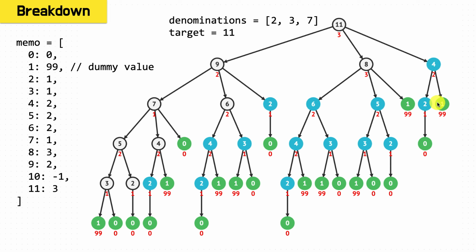When we subtract 3, it's an invalid number because we can't form a valid combination to 1. So at 2, we subtract 2 again, and this gets us to the base case of 0, and then when we find the minimum number of coins at each point, it's 0 at the base case, then 1 here, because 1 is smaller than 99, and we used 1 additional 2 coin.